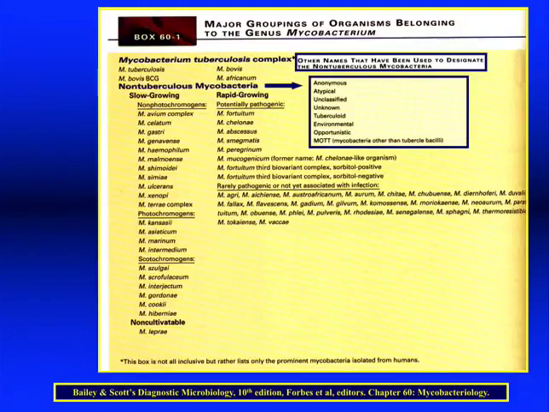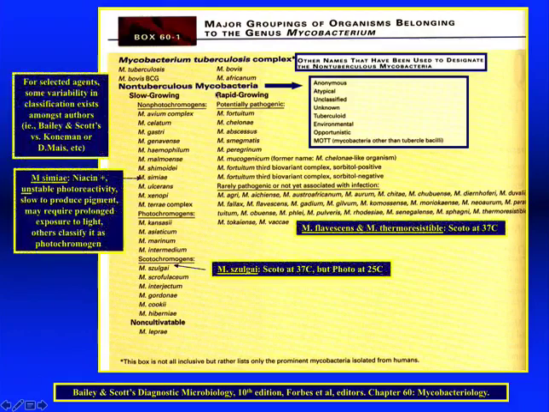So based on that, here we have a classification from Bailey and Scott, for example, one of the basic traditional nice textbooks in microbiology. So we have the MTB complex, and then everything else, the NTMs, broken down into the slow growers, photochromogens, scotochromogens, non-photochromogens, and then the rapid growers. There's a problem.